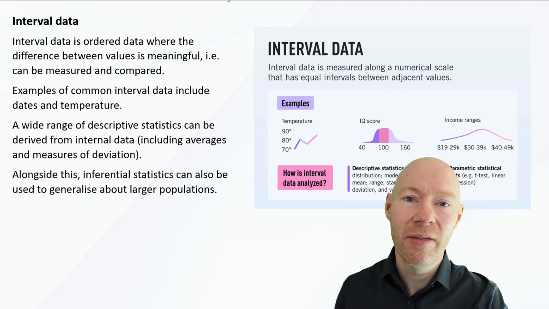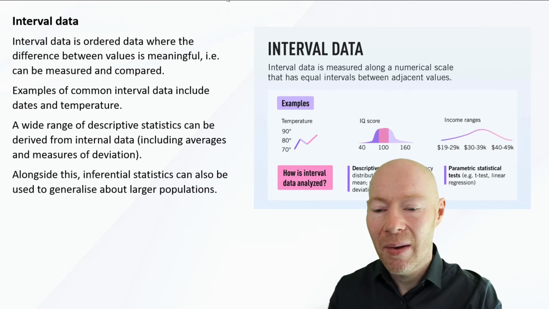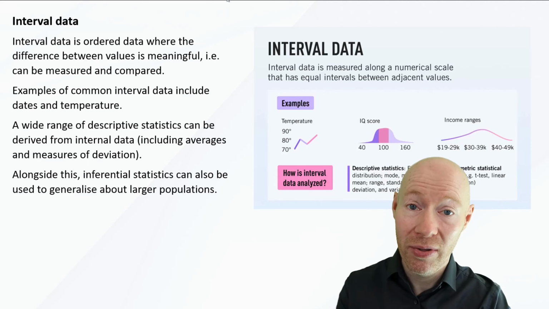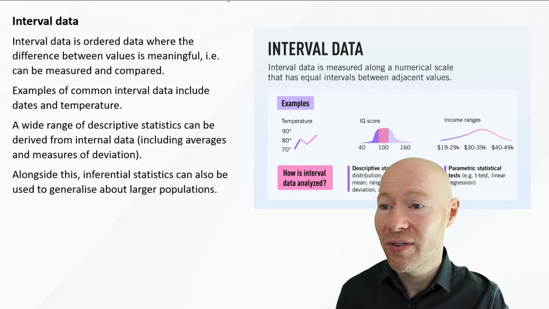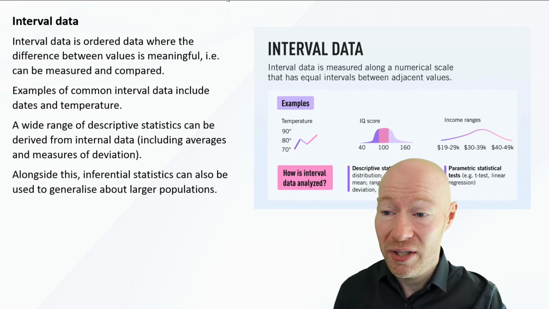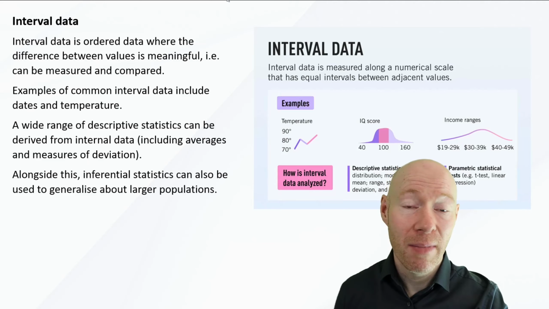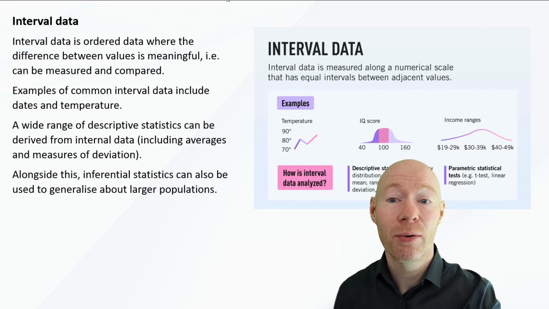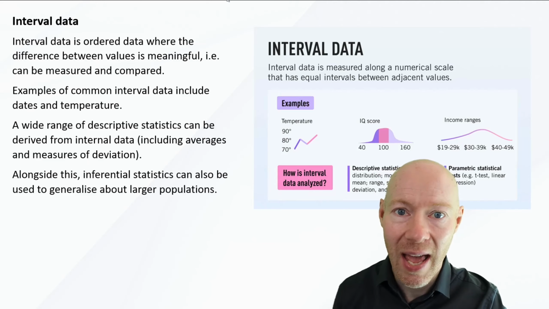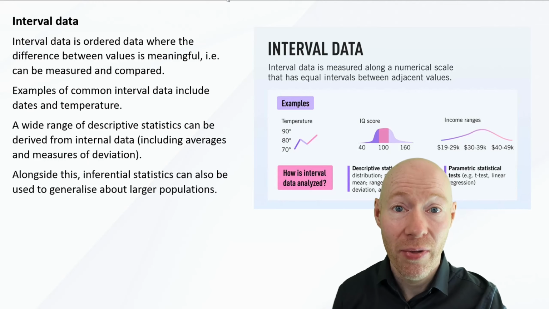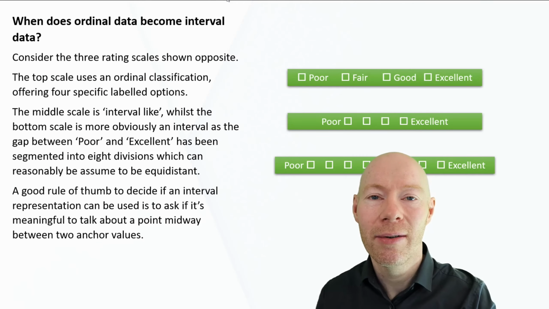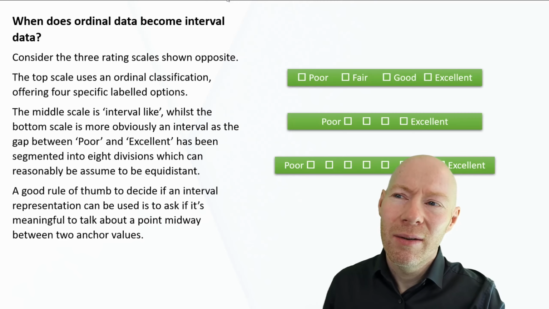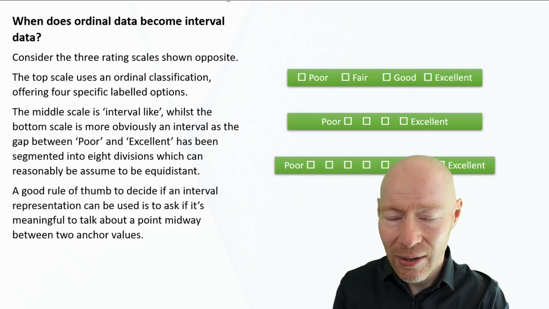And at this point, whenever it's meaningful to talk about the differences between values, it opens up quite a wide range of different statistical measurements. So we, of course, can talk about means, but we can also look at variance, standard deviation, and other aspects around that.